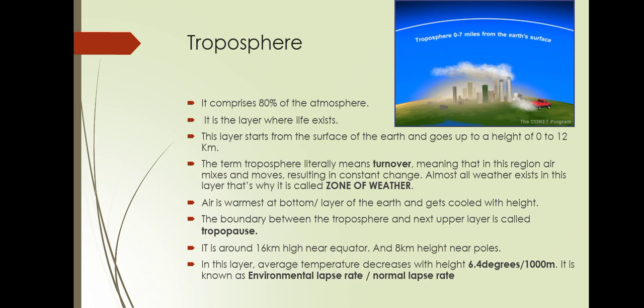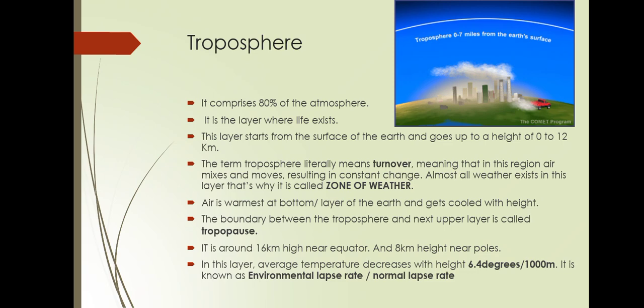In this region, air mixes and moves, resulting in a constant change of temperature. That's why all types of weather and climate changes occur in this layer, and this layer is also referred to as the zone of weather.